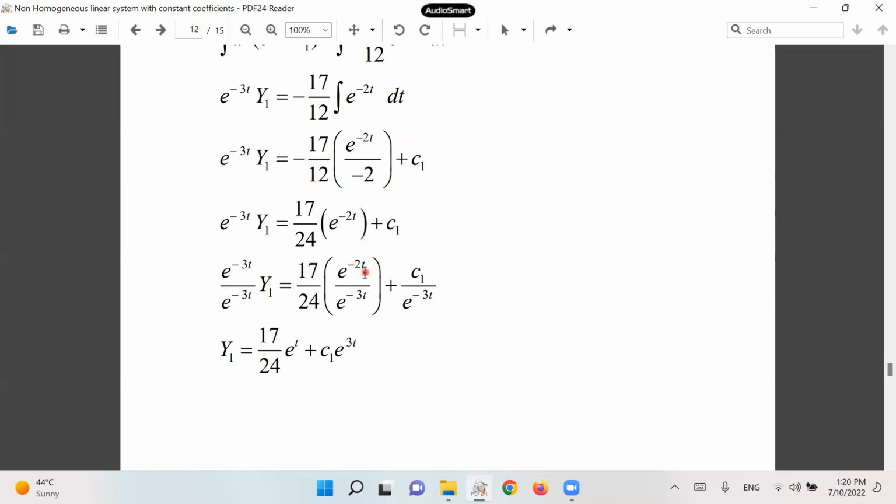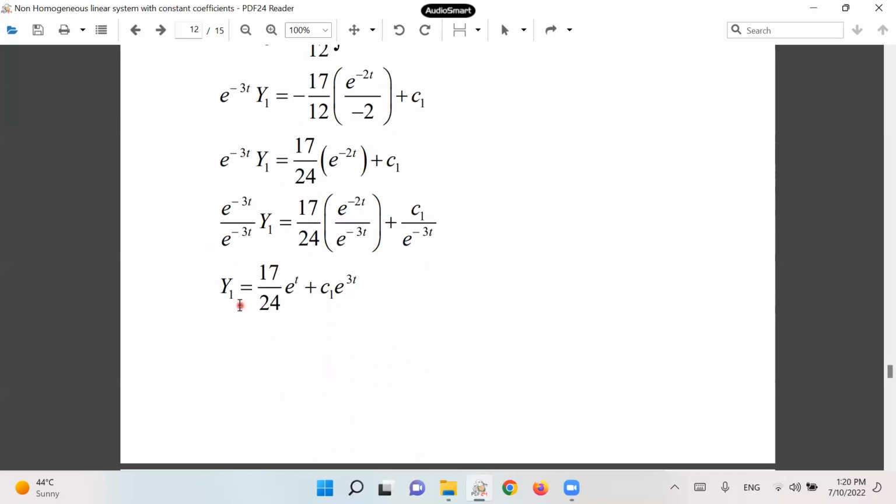After that, we are just dividing both sides by e power minus 3t, because we want to find the value of y1. So just divide all these terms with e power minus 3t and simplify them.